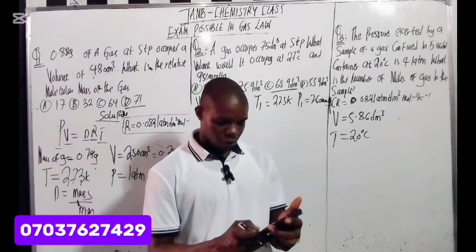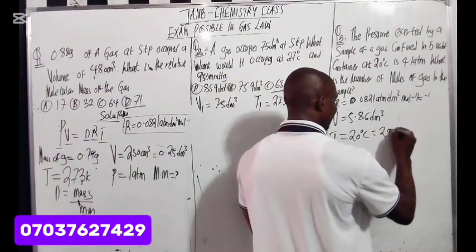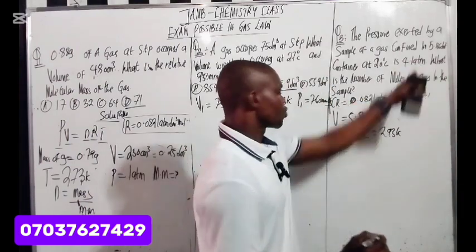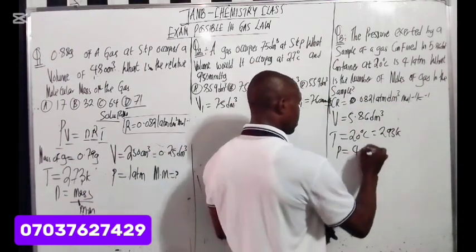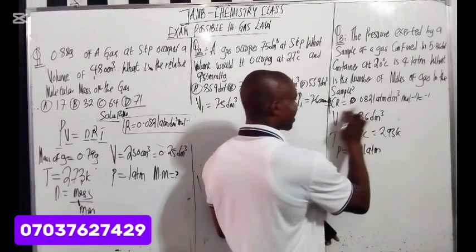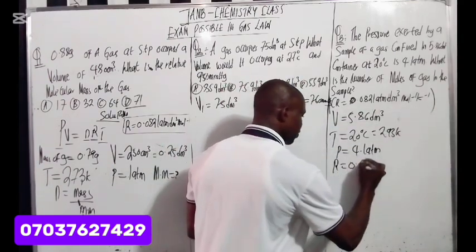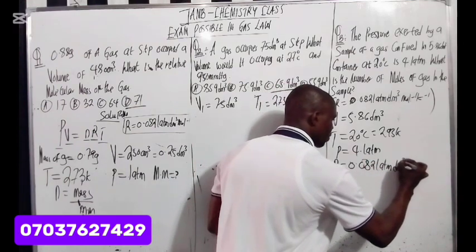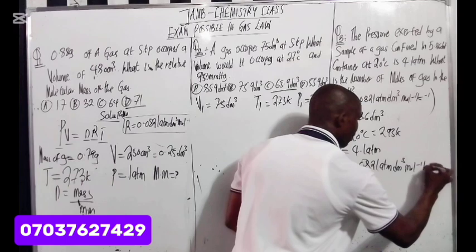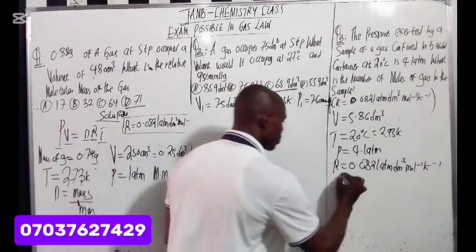So 20 plus 273, here we have 293 Kelvin, right? My pressure is 4.1 atm. My gas constant R was given to me as 0.0821 atm dm cube per mole per Kelvin. So we should look for n, the number of moles.